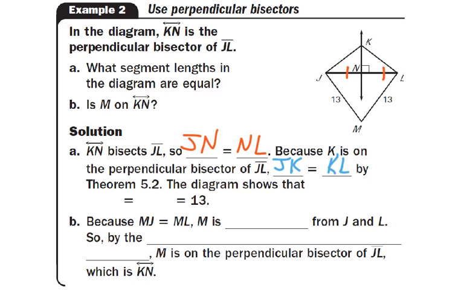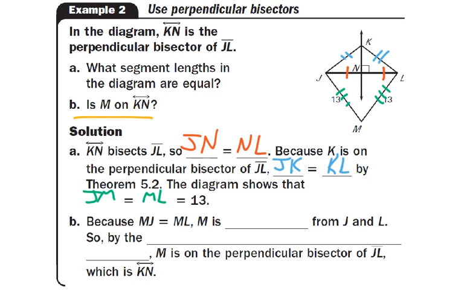Theorem 5.2 was the mid-segment theorem. I'm sorry, the perpendicular bisector theorem. And the diagram shows us that JM and ML are both 13, so we know that those are the same length too.